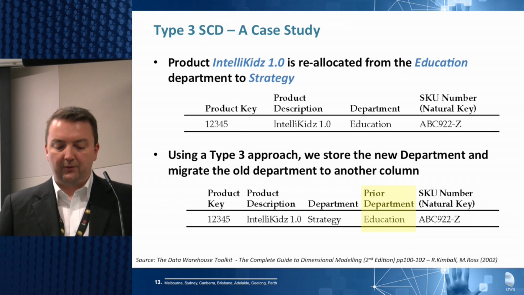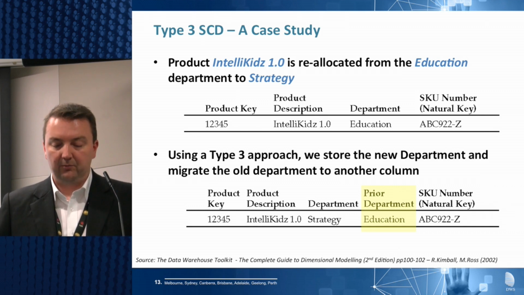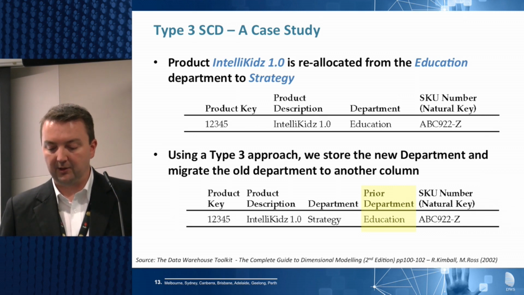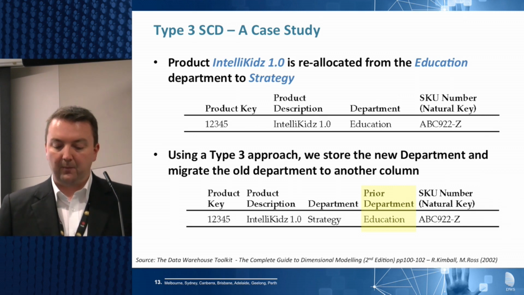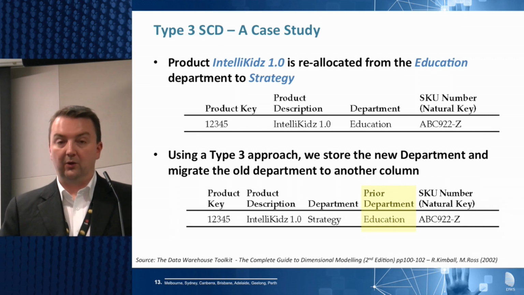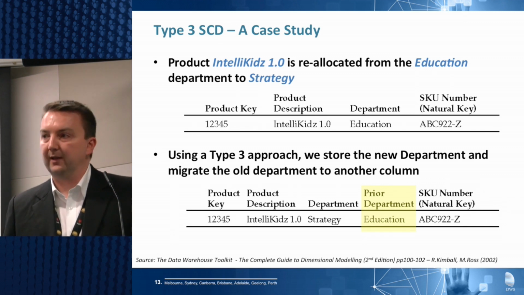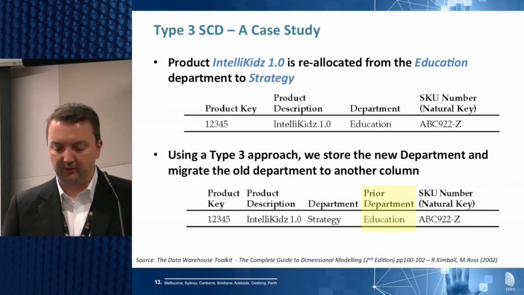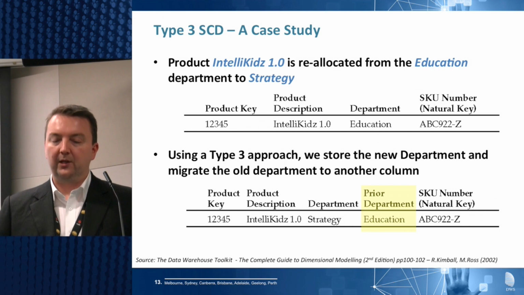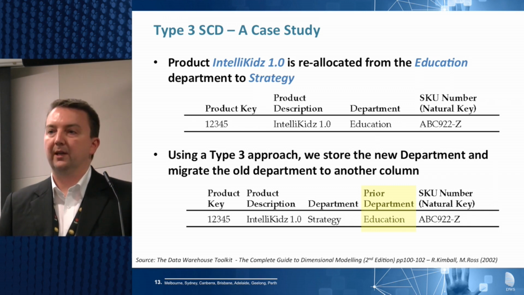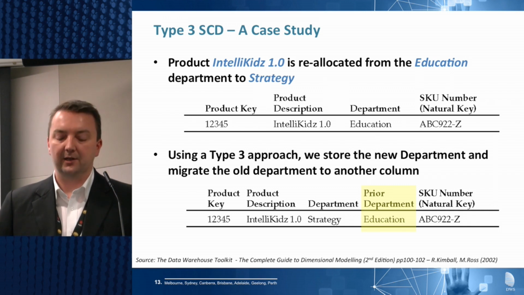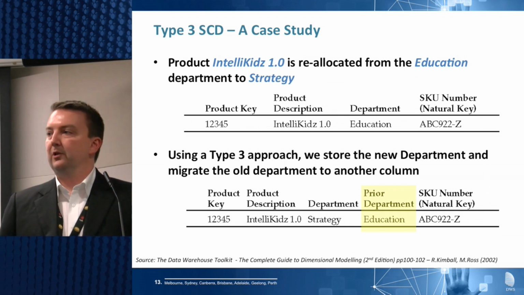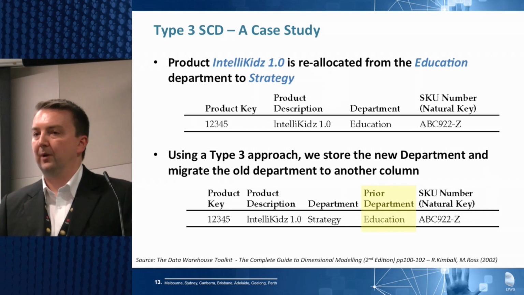So now we've still got just one row for product 1, 2, 3, 4, 5, or source system SKU ABC 922-Z, and all facts, old and new, will map to the same product as long as they came in for IntelliKids 1.0. So when we're writing our SQL or presenting our analysis from our BI tool, we can choose which attribute we want to use. Do we want to use the current one, or do we want to use the old one?